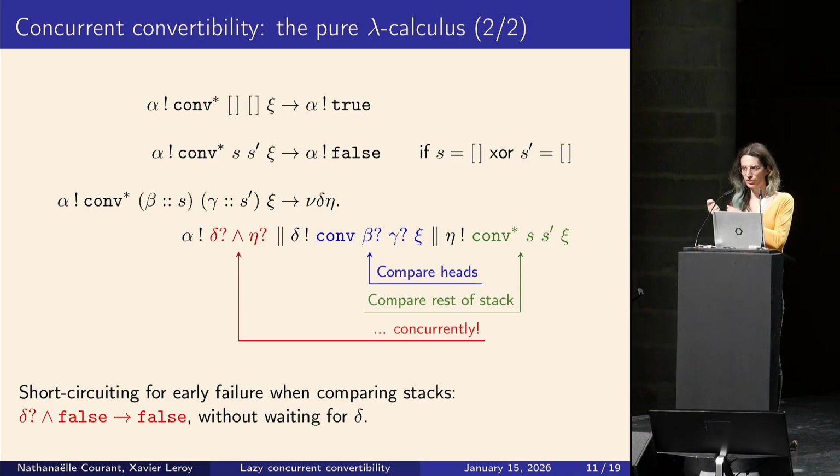So the two other processes will compute in parallel. And with short-circuiting semantics for the AND Boolean operator, as soon as either process concludes with false, we will immediately conclude that both sides are not convertible without waiting for the rest of the computation to have finished.